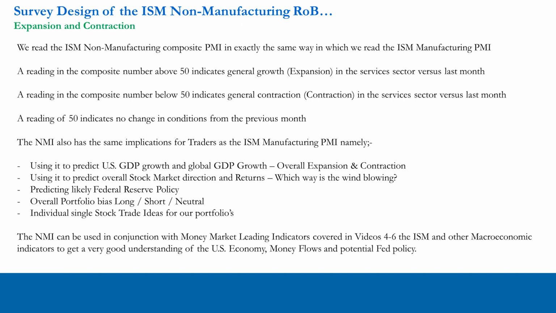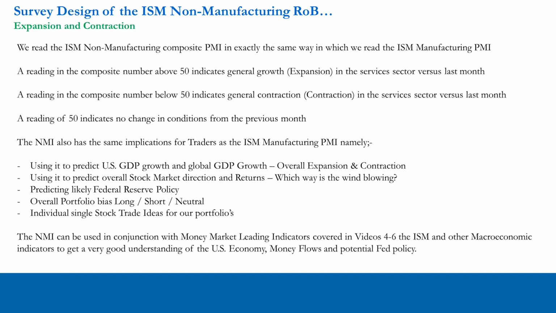Now, in terms of its usefulness as a leading indicator, it's great for traders and PMs to know what's going on in the US service sector in terms of expected future expansion and contraction. And we can glean a lot of information from it. So it has a lot of implications for traders, similar to the ISM manufacturing.